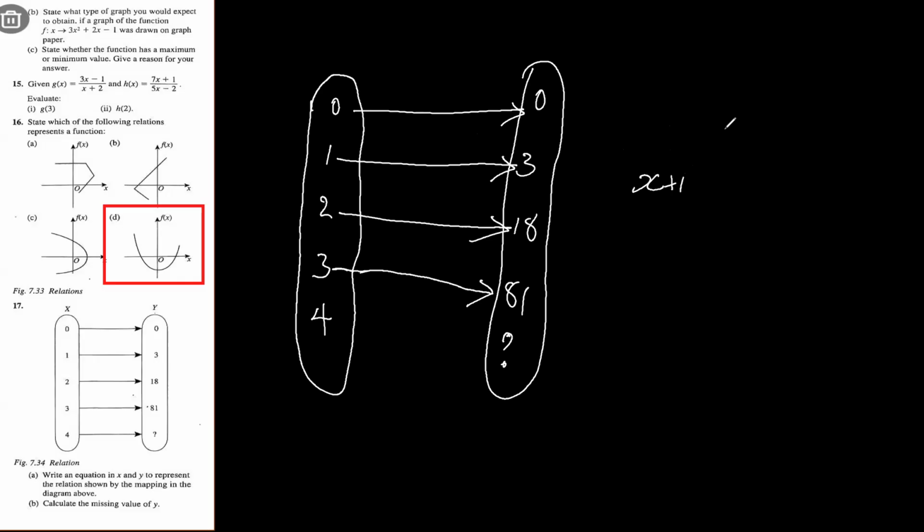What formula is mapping the X values, your set of X values, to your Y values? You need to tell me what formula. Is it X plus 1? It's not X plus 1, by the way. I just asked that, because when X is 1, 1 plus 1 is 2.